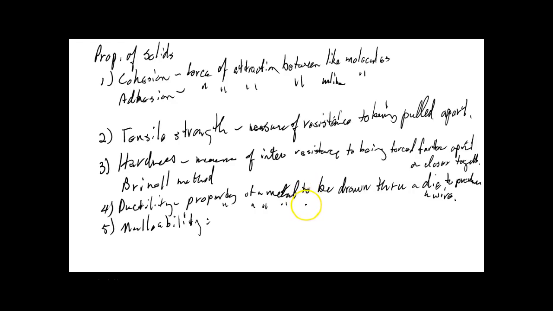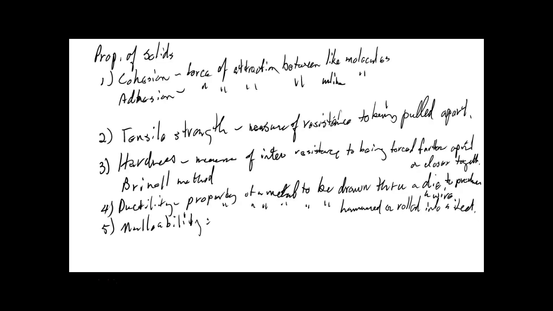To be hammered and rolled into a sheet. Can anyone think of a metal that shows up as sheets? If I say another word for sheet, you'll immediately think of it.